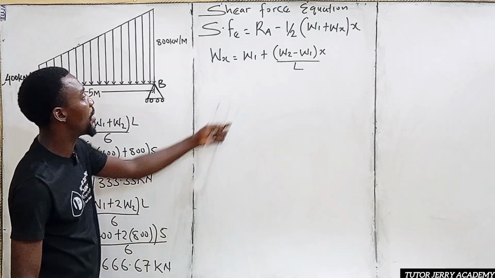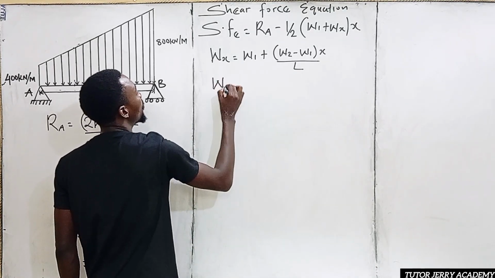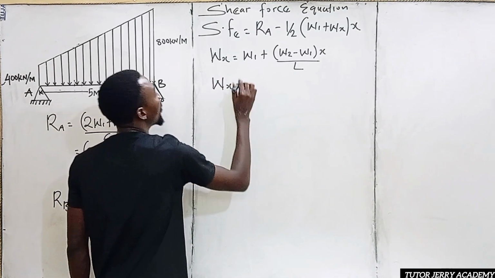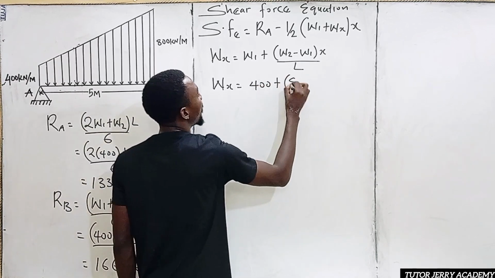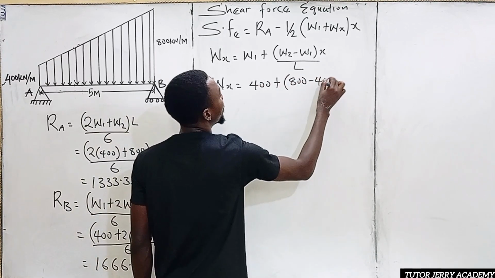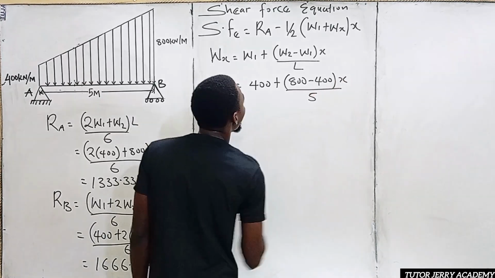Now the next thing is to substitute for W1, W2 and L. Our W1 is 400, plus 800 minus 400, multiplied by S, divided by 5.